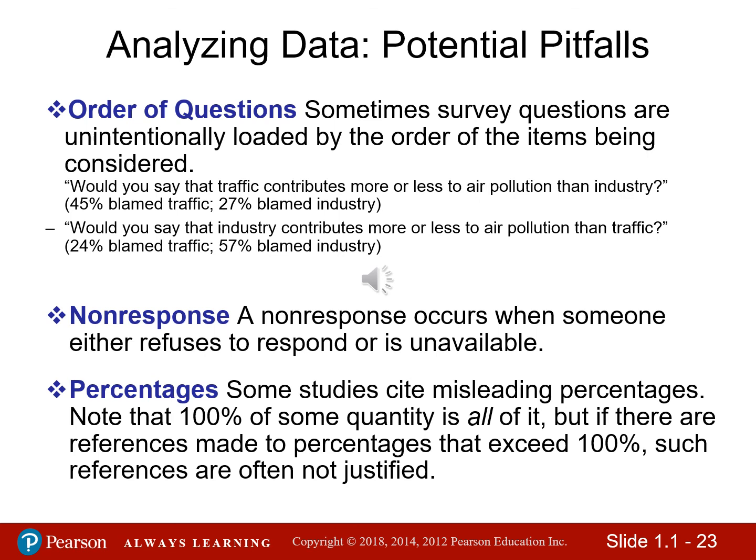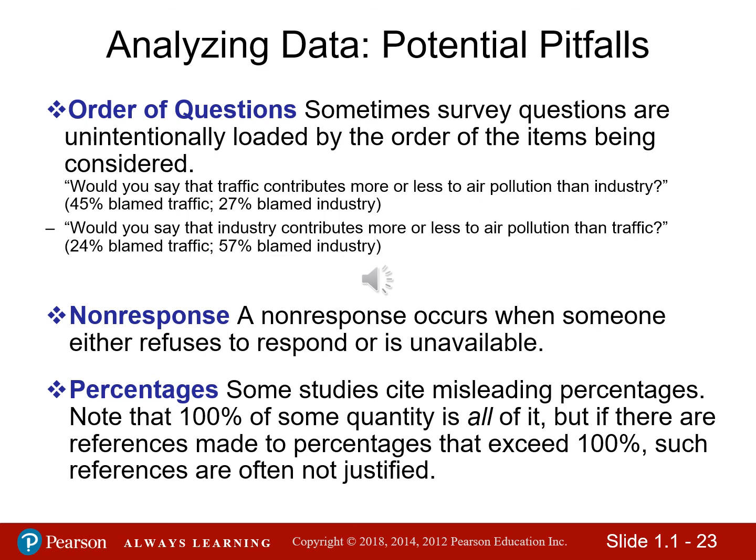Percentages. Sometimes studies will cite misleading percentages. Note that 100% of some quantity is all of it. But if there is a reference made to a percentage that exceeds 100%, such references are often not justified.